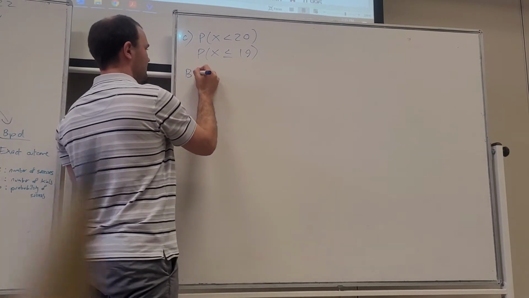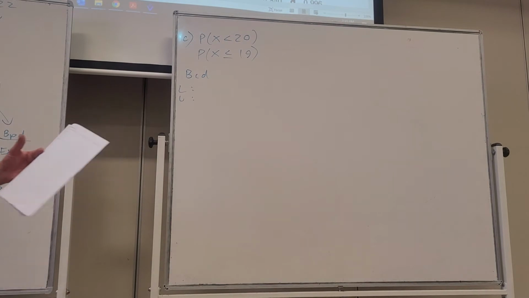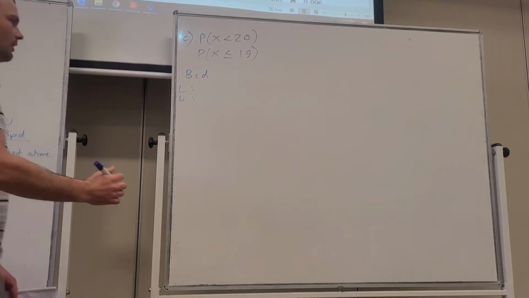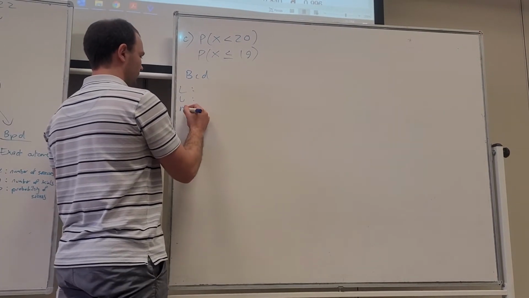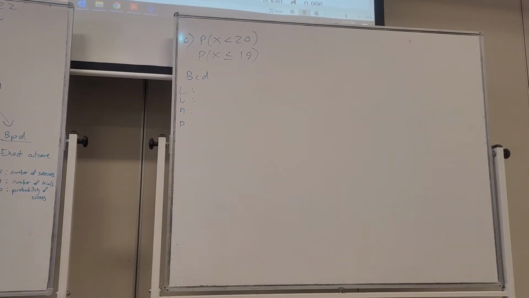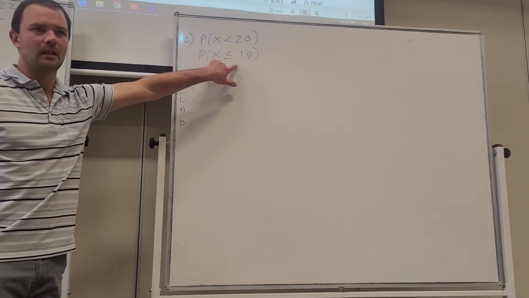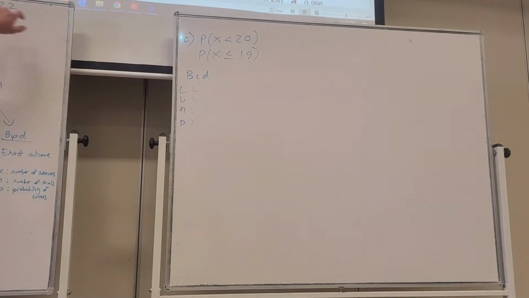So then we're doing our BCD calculation, because it's cumulative. We're talking about the sum of those events added together. Lower, upper, number of trials, and probability. So, our lower boundary is the lowest possible value this could take. So when we talk about them going rotten, how far down does it go?